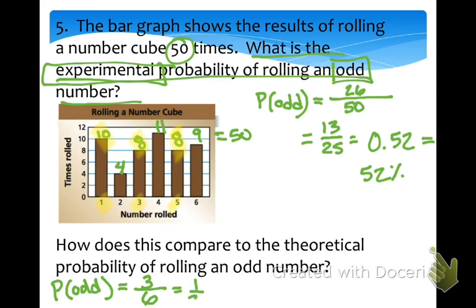That gives me 1/2, 0.5, and 50%. So I can now say that in the experimental probability, it is higher to roll an odd number on the number cube than the theoretical. Because theoretically, I have an equal number of odd numbers on my number cube as I do my even numbers.